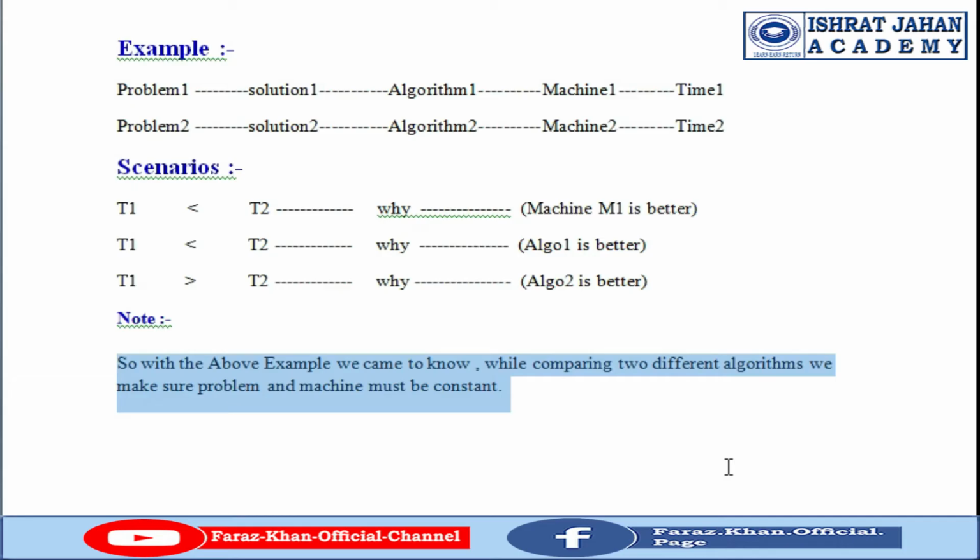Why? When we keep constant machine and the problem, then it will be the pure comparison of algorithm. It will be purely the analysis of the logic of two algorithms. Getting my point? Let's move on.